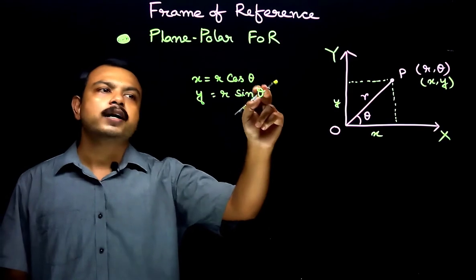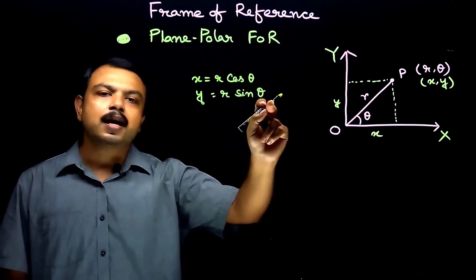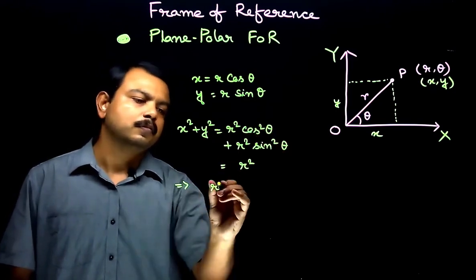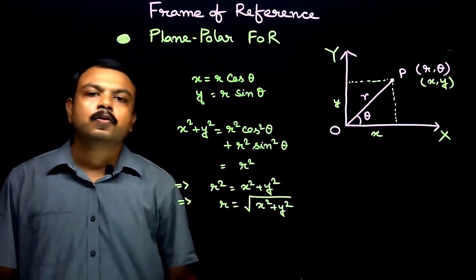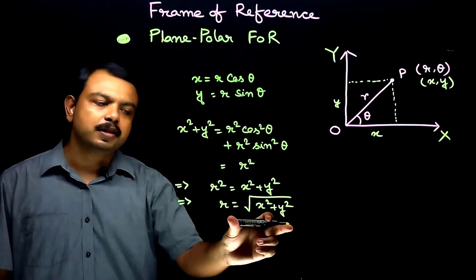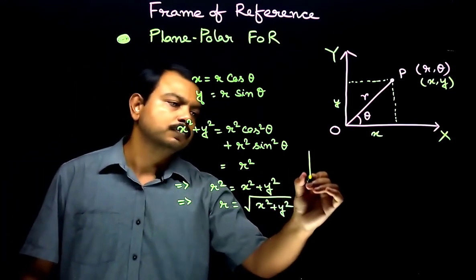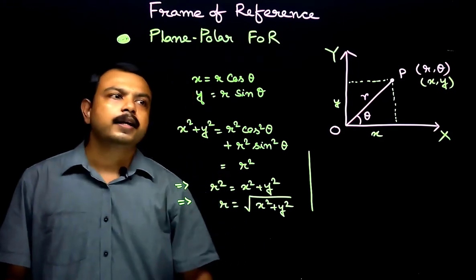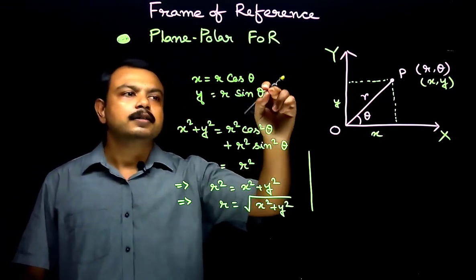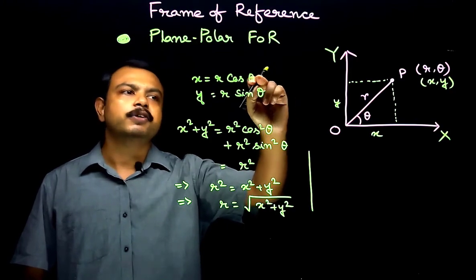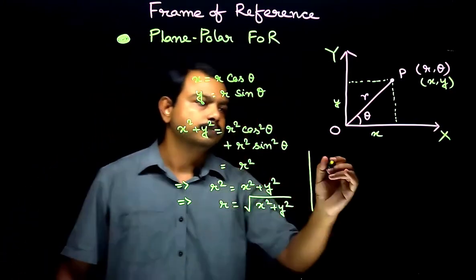If we square both these equations and add them up, we can also find the reverse relation. Again, if I divide this equation by this equation, we can get the relation between theta and x, y.